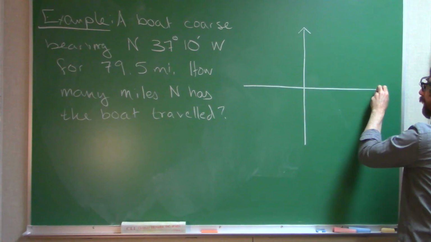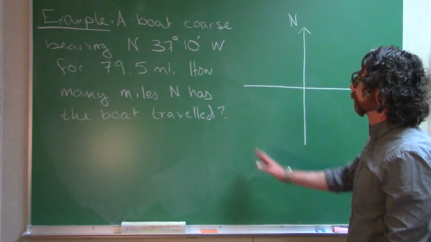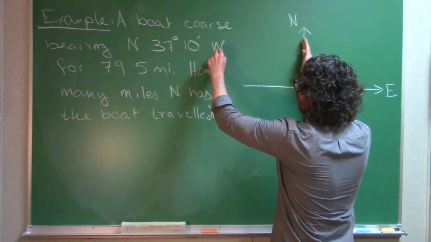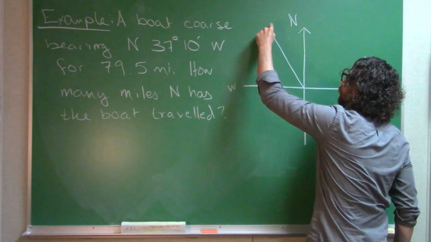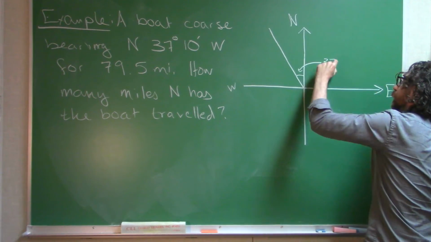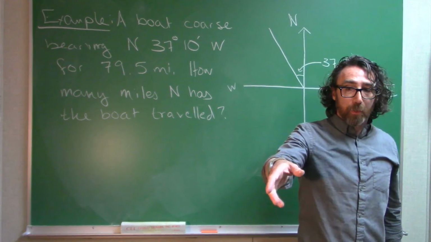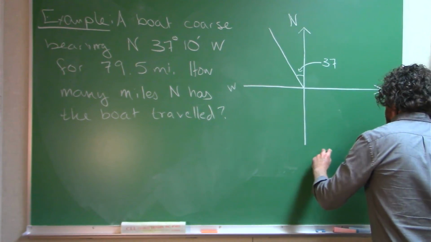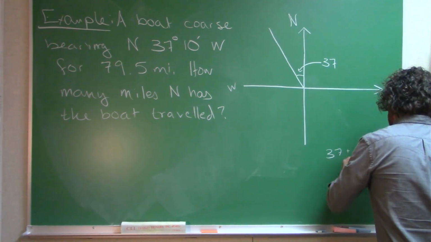Okay, so let's start with a picture. North, east over there. Now that's our starting point, so we're starting there. We're rotating through this angle towards the west. Okay, so we're over here like this, where that angle is 37 degrees, 10 minutes. Now, we should get our calculator there and convert that to decimal degrees, right? 37 plus 10 over 60.